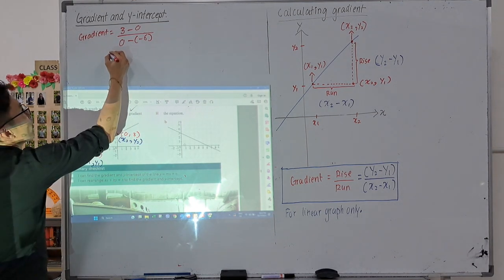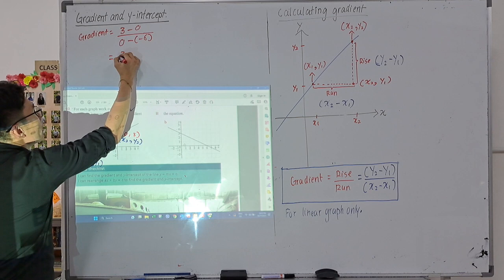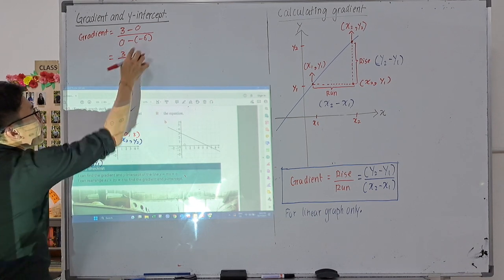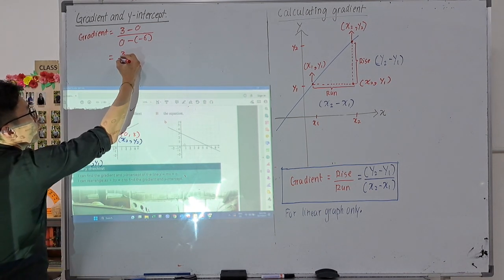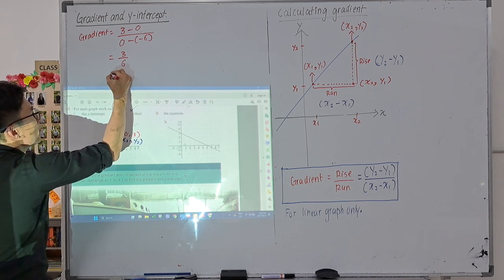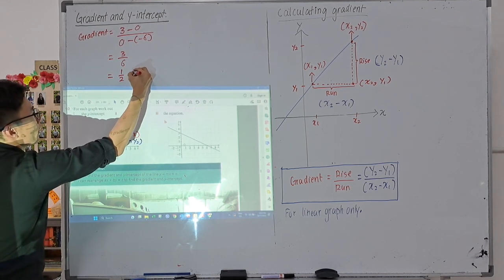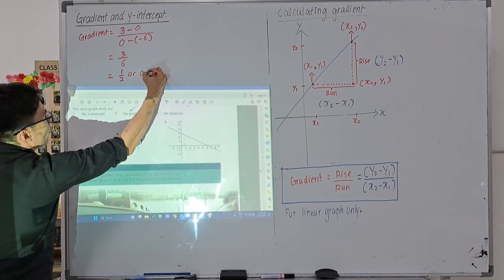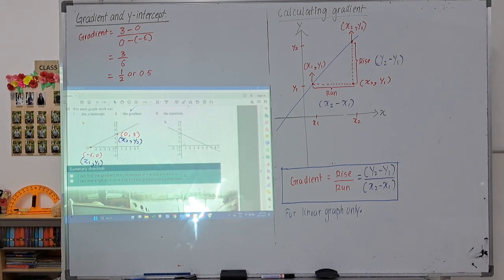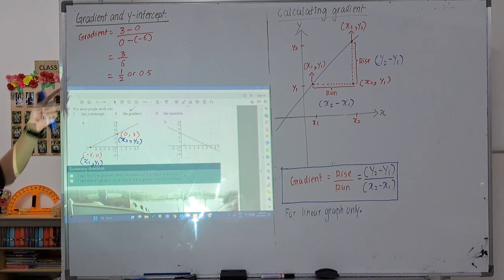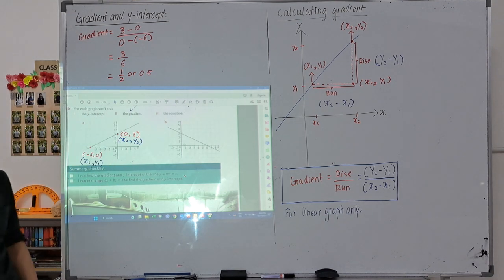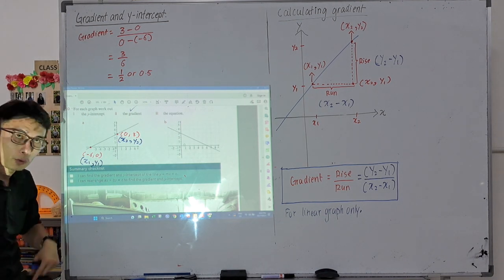I will get 3 over 0 minus minus 6, and minus minus gives me plus. It's going to be 3 over 6, which I can simplify to 1 over 2, or you can also write the answer as 0.5, whichever you prefer. So that's the gradient of the line, 1 over 2 or 0.5, and that's how we calculate gradient.